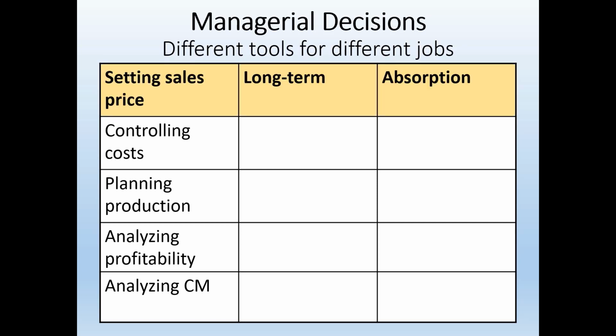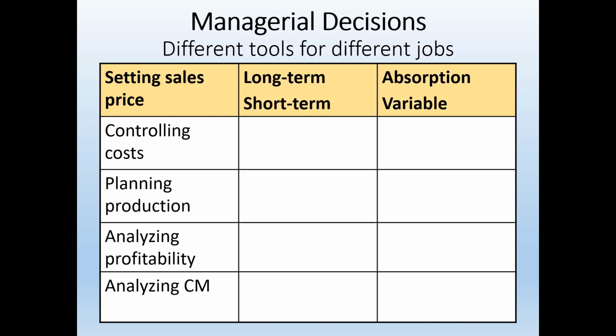For example, when it comes to setting the selling price, in the long term, you really need to consider absorption costing because both the fixed and variable manufacturing costs need to be covered by the selling price in order for the firm to make a profit.